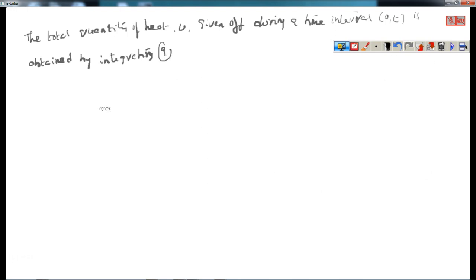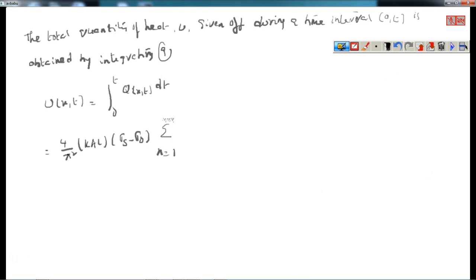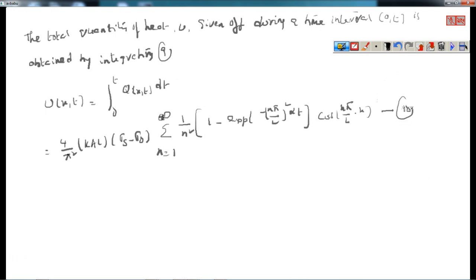That is, the total quantity U(x,t) equals the integral from 0 to t of Q(x,t) dt, and the solution I am writing is 4 by pi square into KAL into Ts minus T0, into sigma n equals 1 to infinity, 1 by n square into 1 minus exponent of minus n pi by L whole square alpha t, into cos n pi by L into x. This is equation number 10.